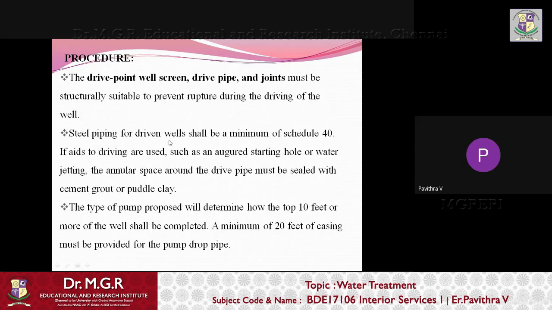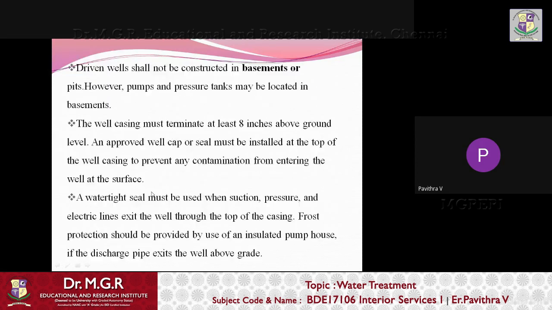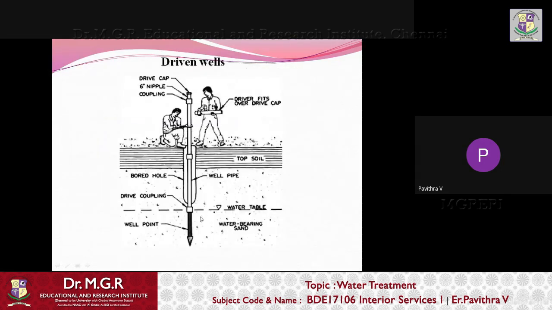Steel piping for driven wells shall be minimum schedule 40. If aids to driving are used, such as auger, starting hole, or water jetting, the annular space around the drive pipe must be sealed with cement grout and puddle clay. So it is nothing but I'm going to inject one after the other.